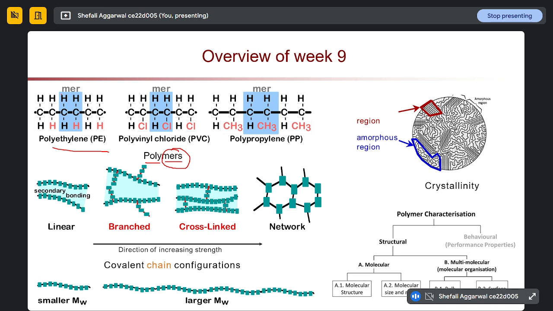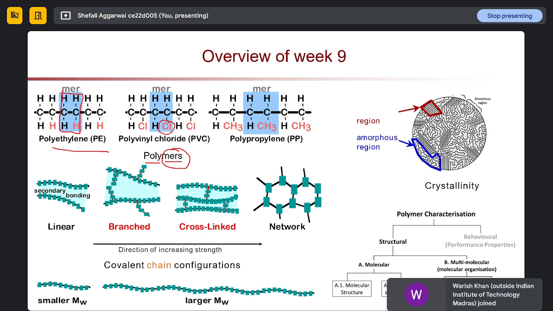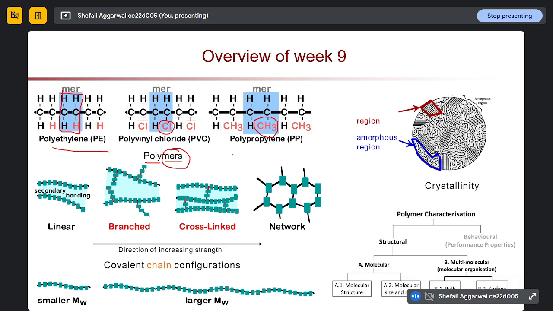In polythene, we have a simple monomer of C2H4. When this small unit keeps repeating itself to make a long chain, it is called a polymer. Same way in PVC, one H is replaced by chlorine, and in polypropylene, one H is replaced by CH3. These are a few examples of simple polymers.